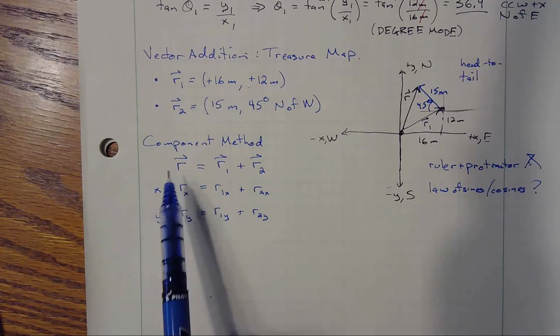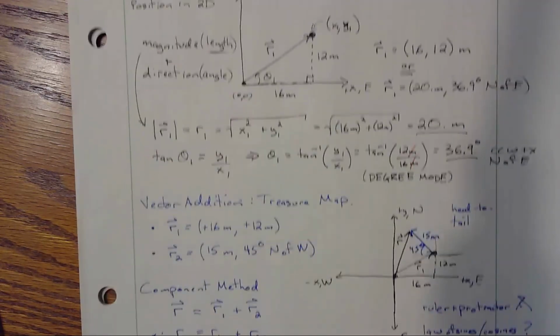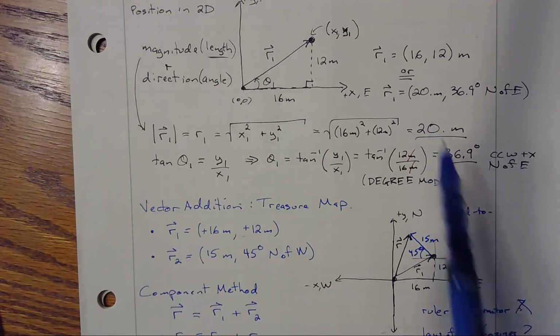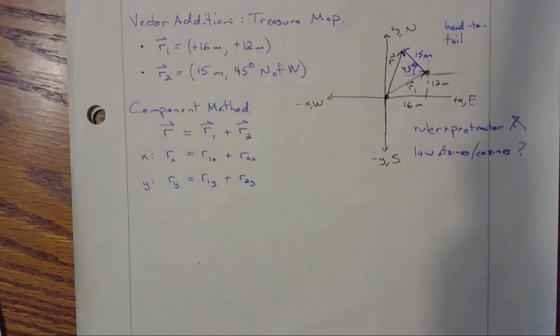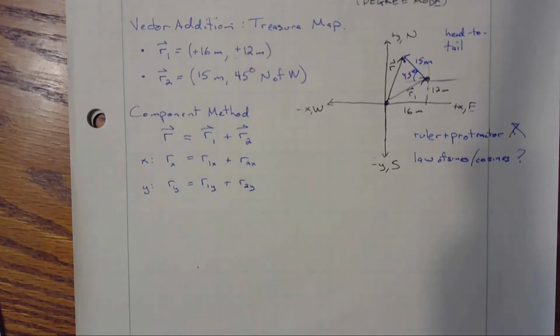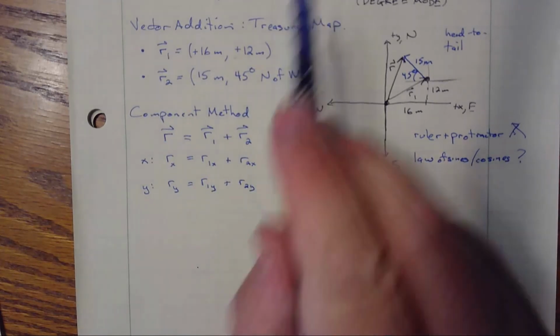Then, if I need to, I can go back and find the magnitude and the direction using the Pythagorean theorem and the inverse tangent.